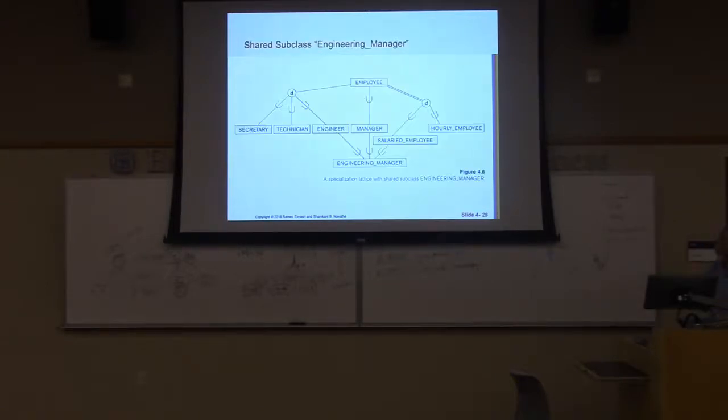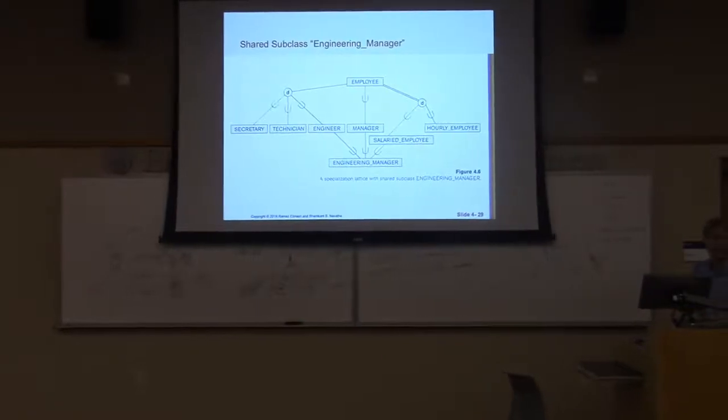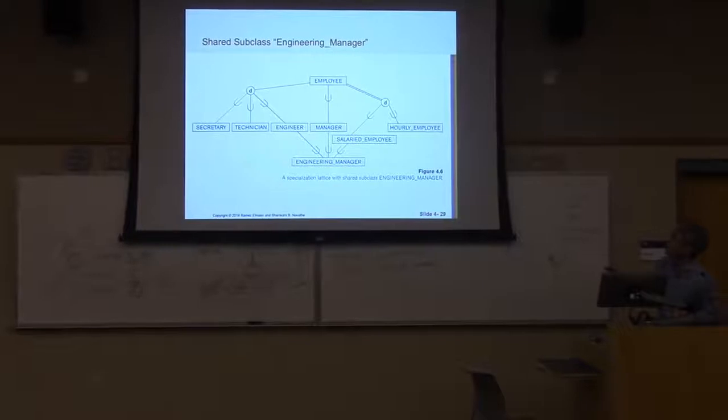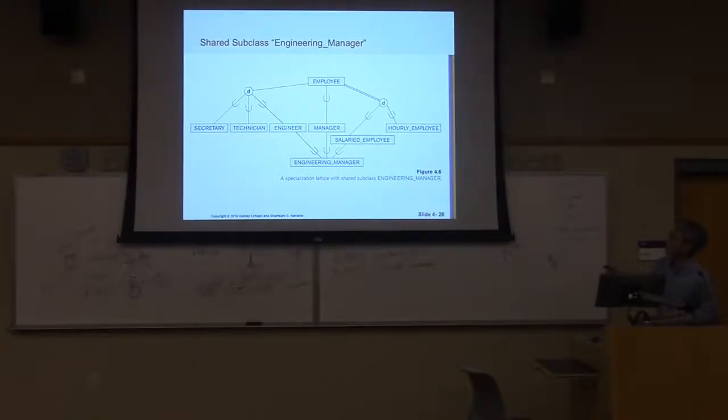So we will see the example of the engineering and manager. You can see this is an inheritance, and inheritance. So three of them are inherited. It doesn't have to be the same superclass. Sometimes you can allow a different entity for the parent, the superclass. So this is called the lattice.